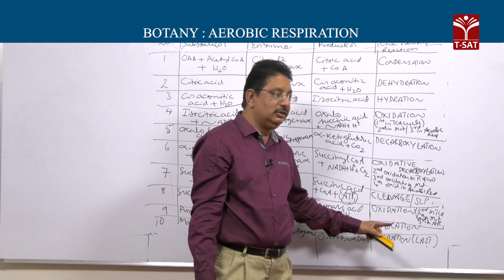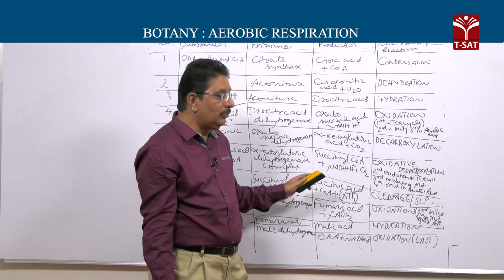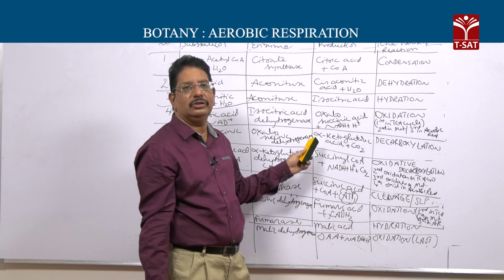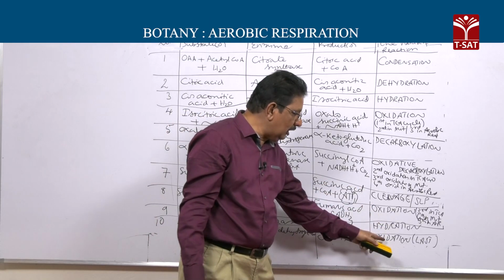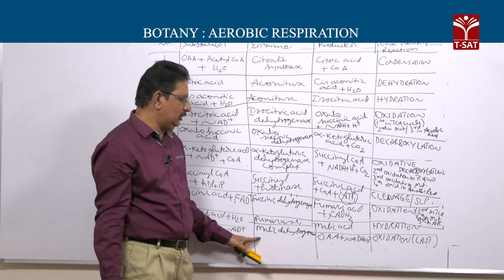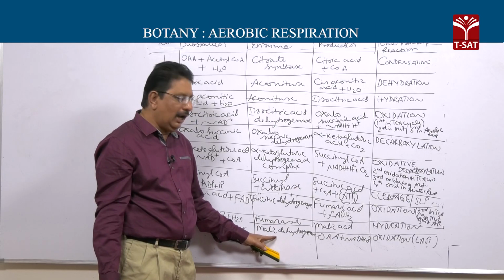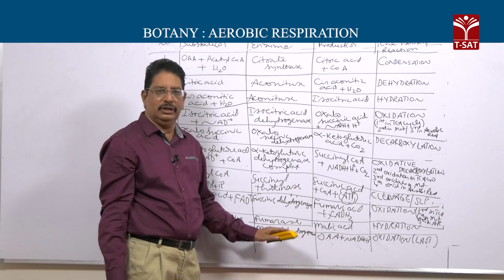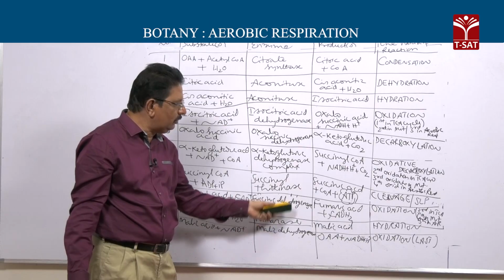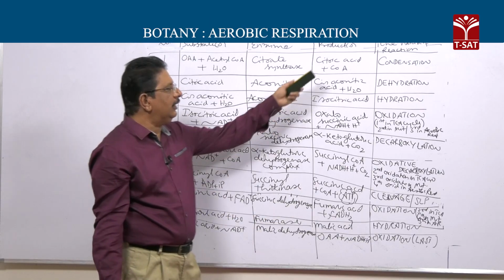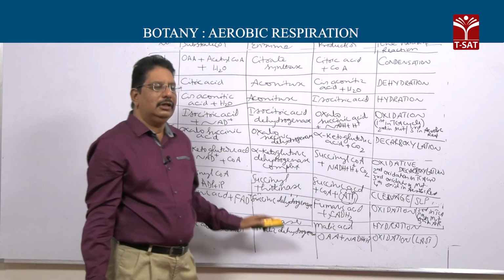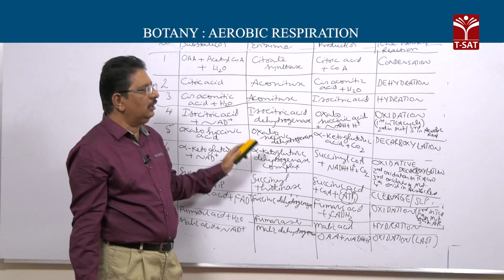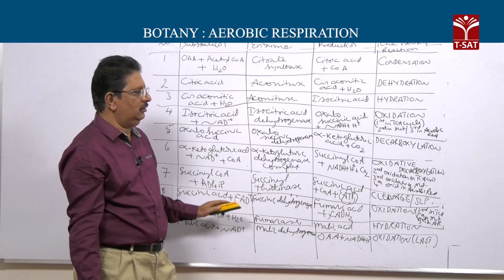Already we noticed and discussed the number of oxidation steps in aerobic respiration, six. So, the last oxidation step in aerobic respiration is catalyzed by the enzyme malic dehydrogenase. So, this is the correct sequence of enzymes and the correct sequence of chemical reactions that occur during the Krebs cycle.